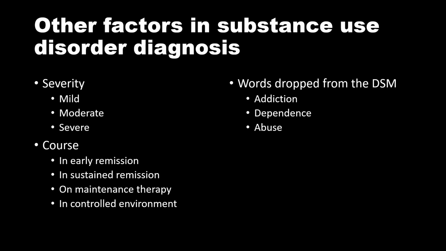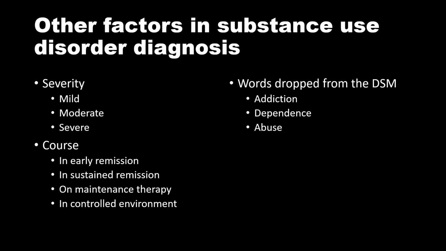There are some other factors that need to be taken into consideration in diagnosing substance use disorders. Currently, we are dividing substance use disorder into categories: mild, moderate, and severe. I think this is useful rather than arguing over whether the person is a drug addict or simply abusing drugs. We can indicate that addiction or addictive substances and their use can fall on a continuum.